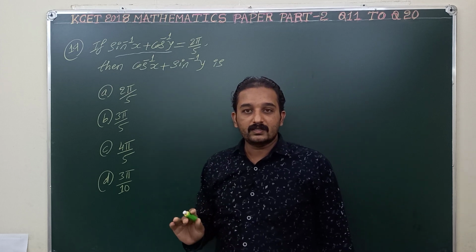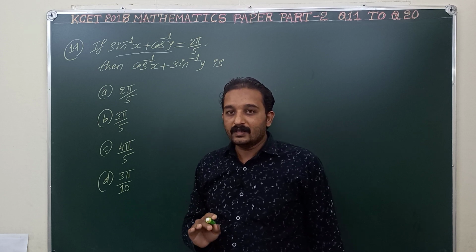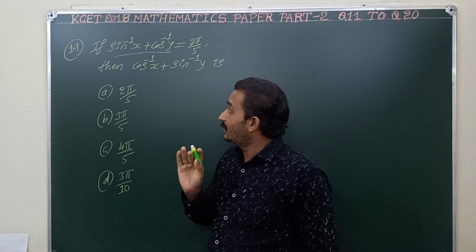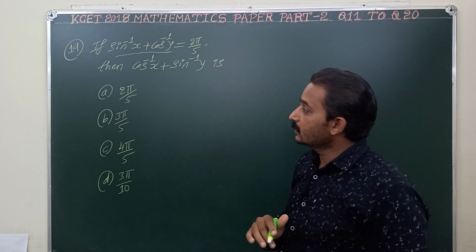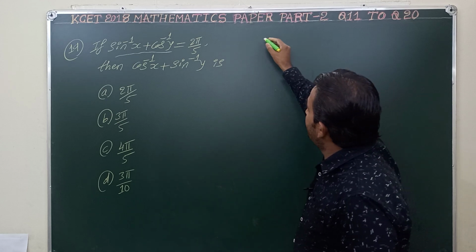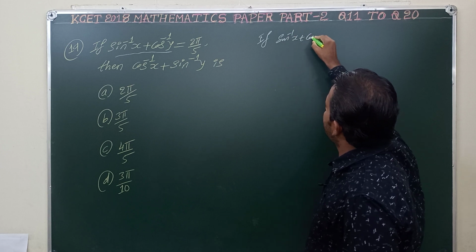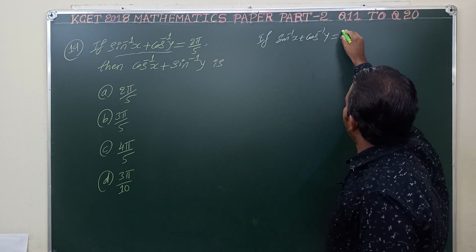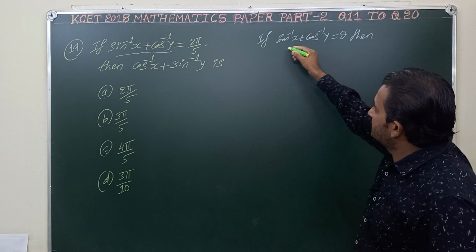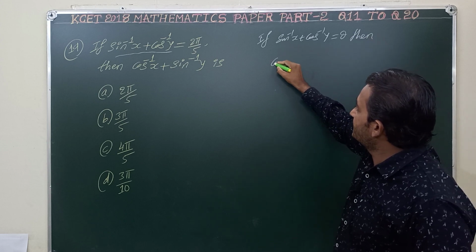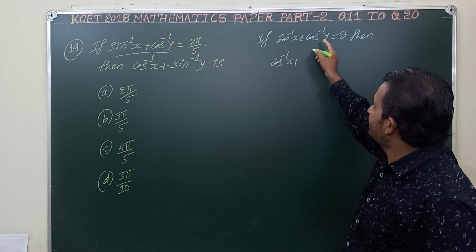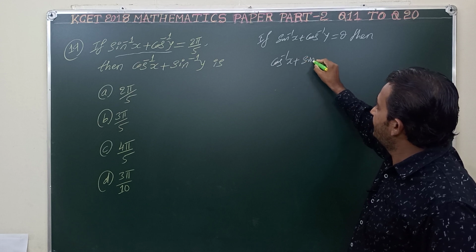I am not solving this question by the usual method, but by using a shortcut method. So what is the shortcut method in this case? If sin inverse x plus cos inverse y is equal to theta, then sin inverse x can be written as cos inverse x, and cos inverse y can be written as sin inverse y.